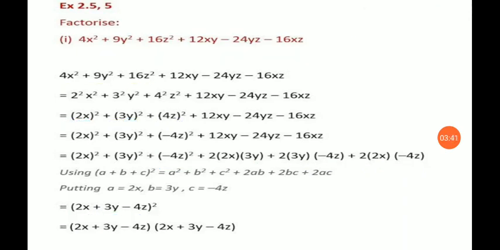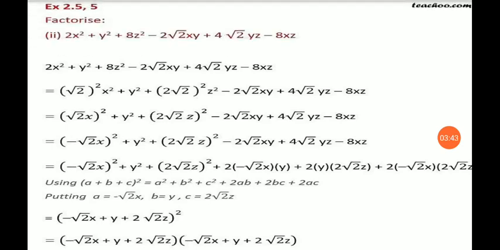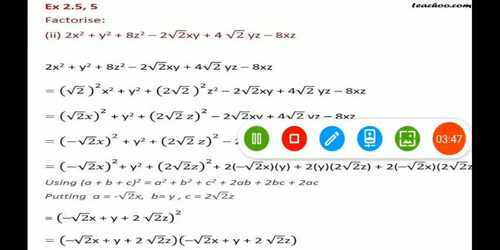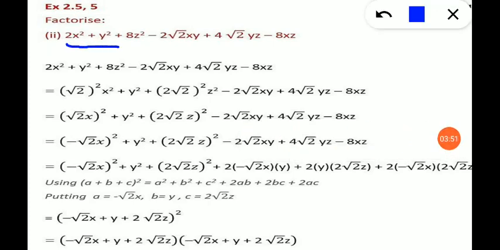Moving toward the next part of this question, it says factorize 2x square plus y square plus 8z square minus 2 root 2 xy plus 4 root 2 yz minus 8 xz.